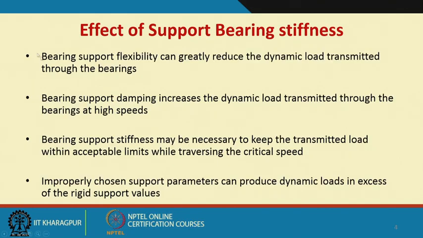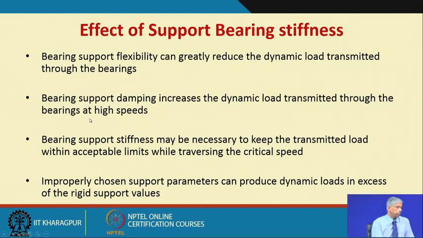So, what does this bearing support stiffness do? Bearing support flexibility can greatly reduce the dynamic load transmitted through the bearings. Okay. Damping increases the dynamic load transmitted through the bearings at high speeds.